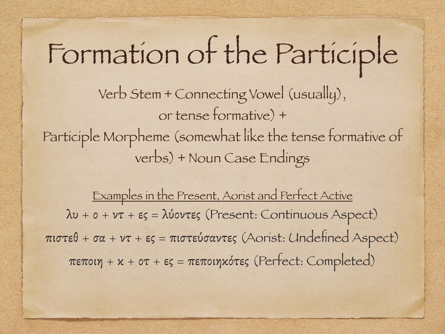The formation of the participle. We've seen this kind of formation chart throughout our time in Greek 2, and now we see it again: a verb stem, usually a connecting vowel or tense formative, participle morpheme, and noun case endings. You can see the examples there for present, aorist, and perfect.